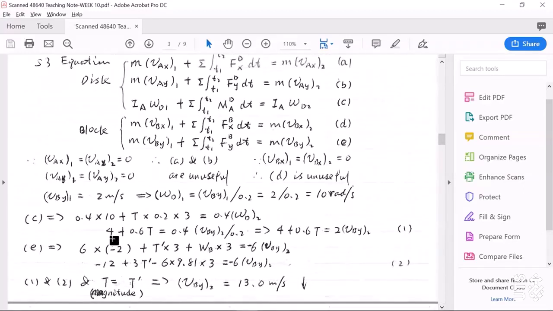Next we substitute all these already known parameters into equation C and equation E, and we can get two equations.